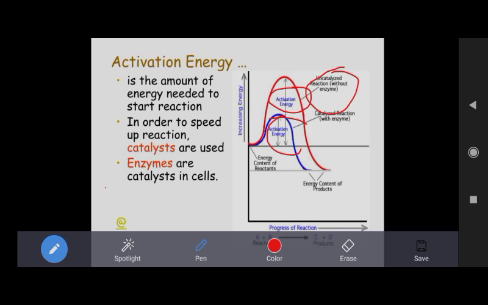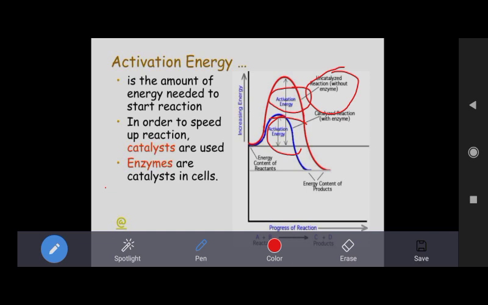So if the enzyme is not present, more and more energy will be needed to start the reaction, or to convert the substrate into the product. Got it? And when the enzyme is added, this energy requirement to initiate the chemical reaction is lowered.